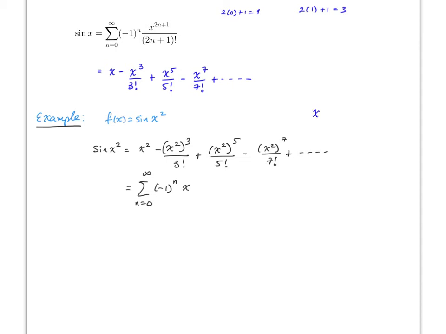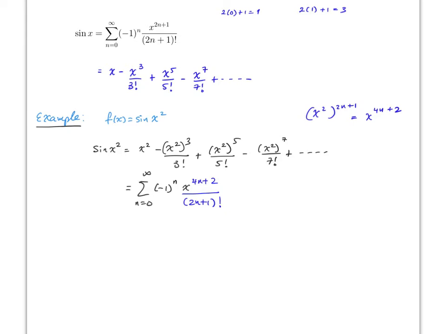Notice that you have x squared to the 2n plus 1. It will be x to the 4n plus 2. So therefore, this is going to be to the 4n plus 2. The bottom is still going to be 2n plus 1 factorial.